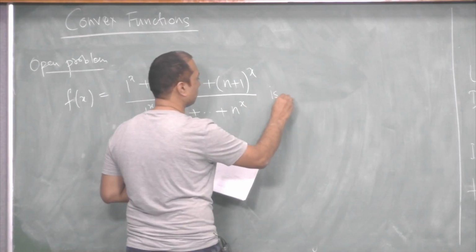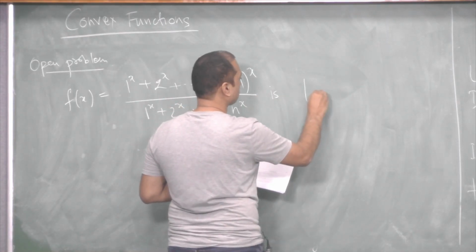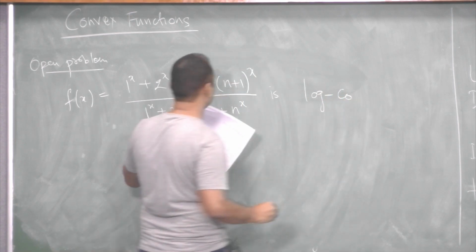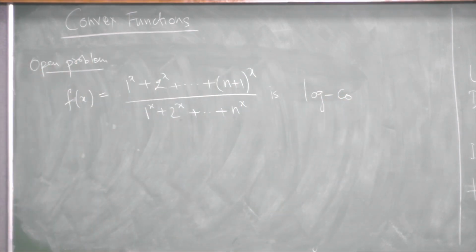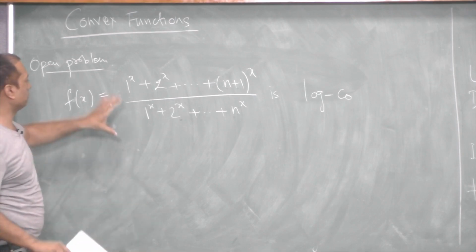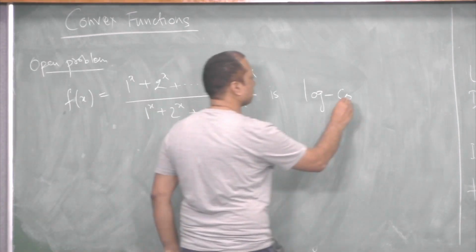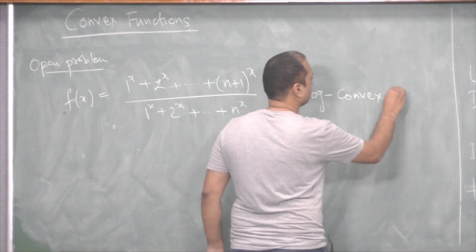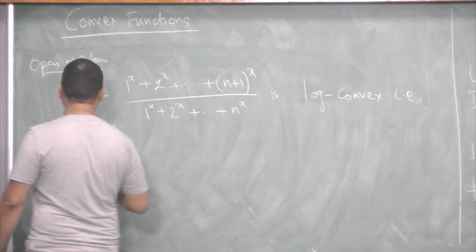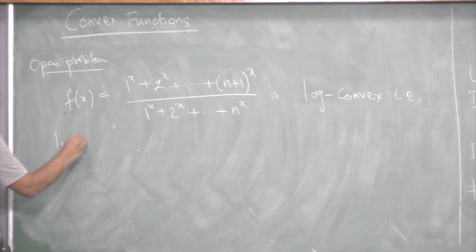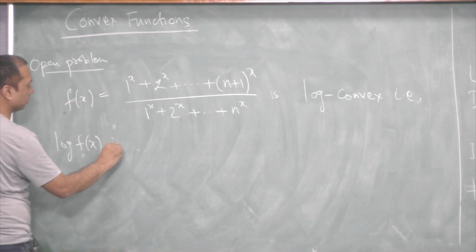Is it log convex? So, basically you take a log of this, and that should be convex. Maybe I didn't define log convex. What it says is that log of f(x) is convex. That is what you are supposed to prove.